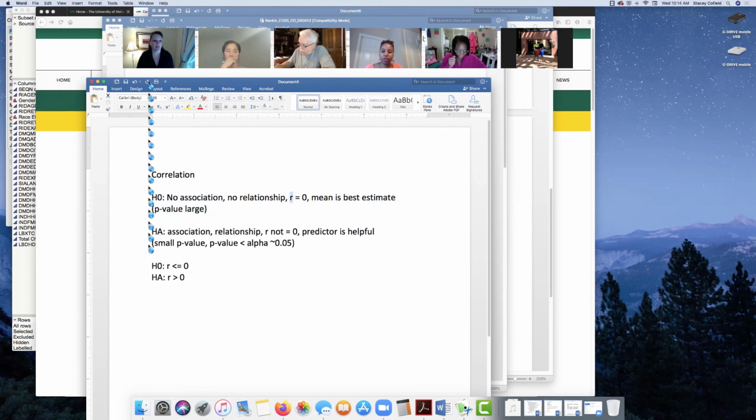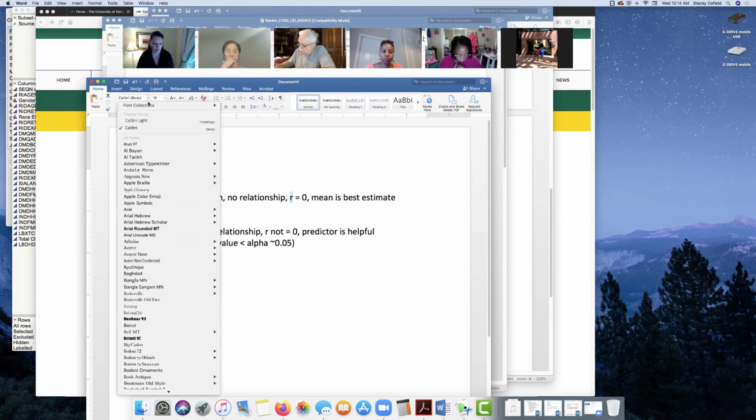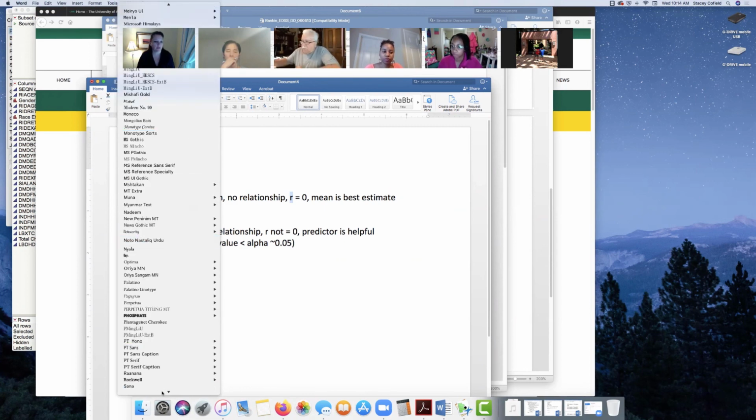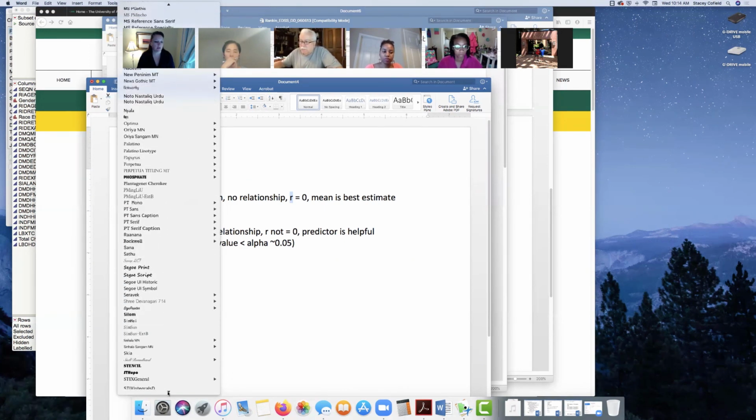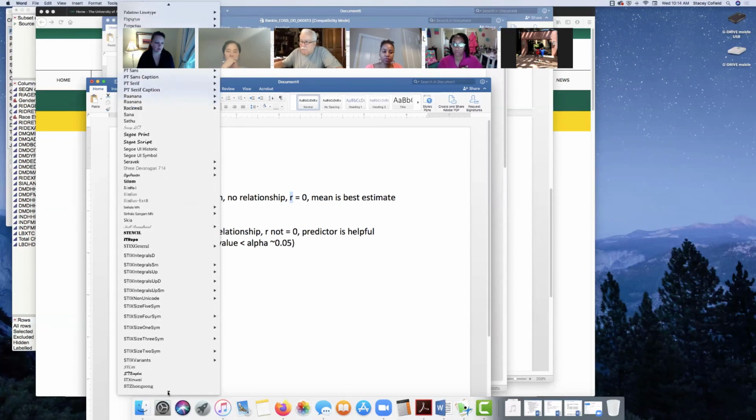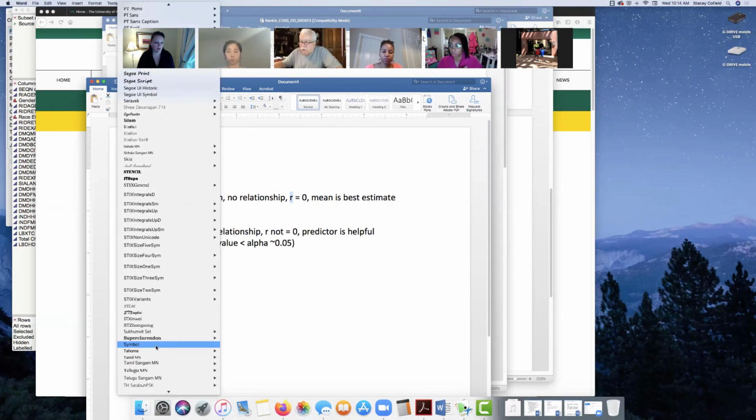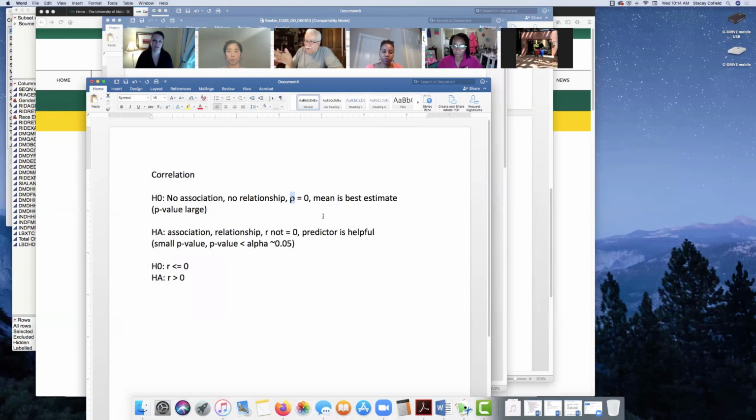I don't know if my symbol font will do it right. Let's see here. But in that same line of thought, the rho symbol, yeah, there you go. See the difference there? It's just the Greek symbol. It's not equivalent to P at all.